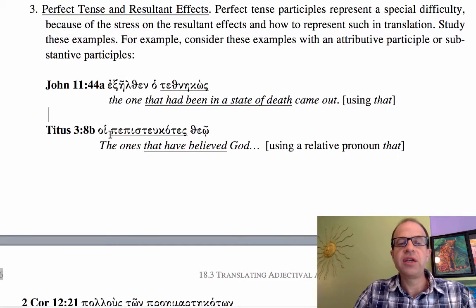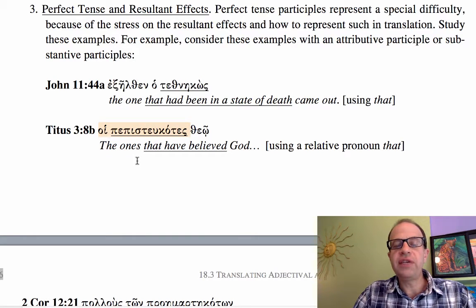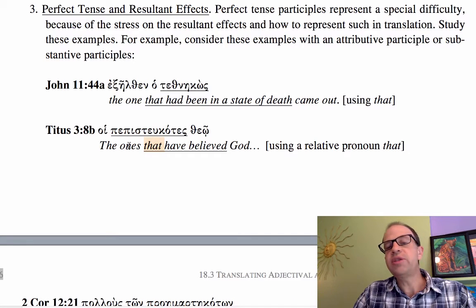Now, in this case, you have a substantive, the ones that have believed in God. Here we use the relative pronoun that to translate that statement. So the ones believing in God. See, the ones believing in God would be vague in terms of verbal aspect. What kind of aspect is it? The ones believing, that could be present tense, could possibly be aorist tense.